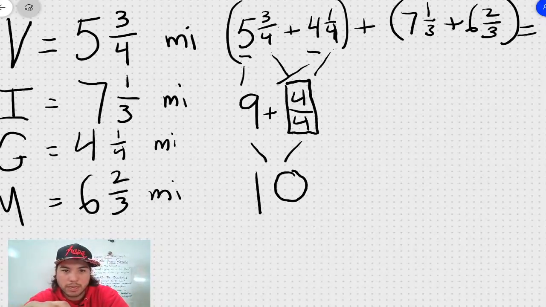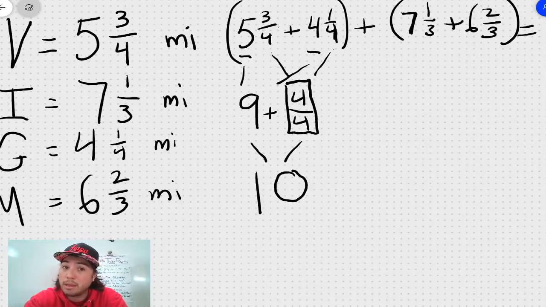5 plus 4 is 9. 3/4 plus 1/4 equals 4 fourths, or 1. And then 9 plus 1 equals 10. Okay, so now let's do our thirds. So add your whole numbers first. That's what I'm going to do.